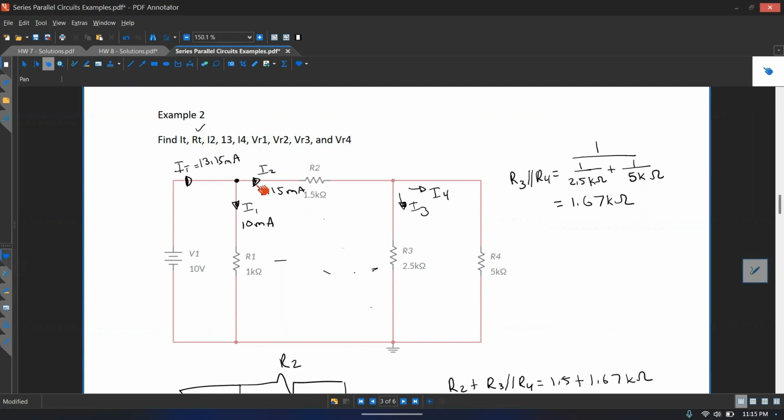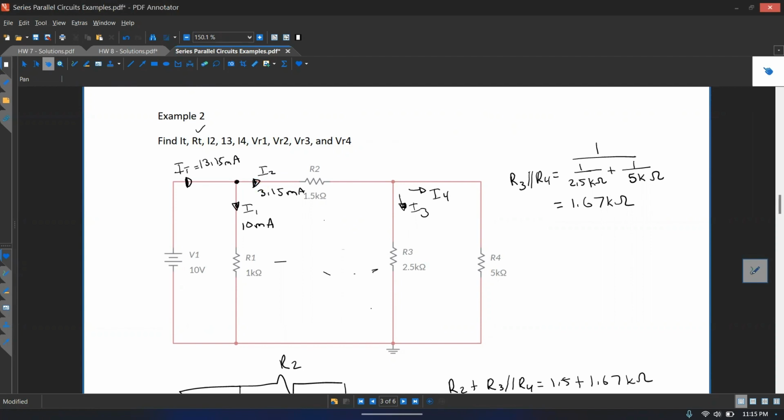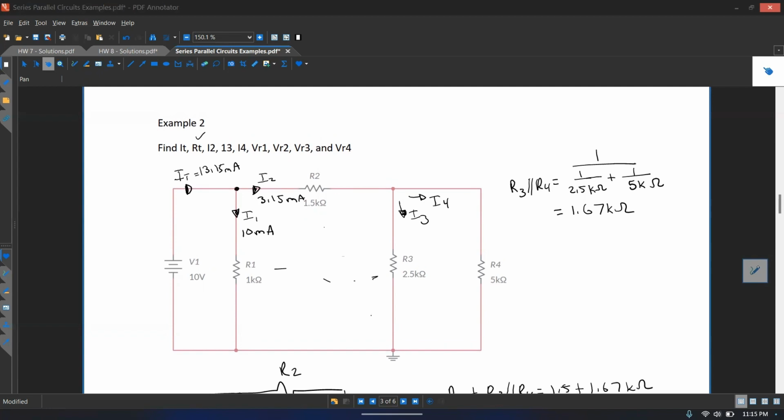We definitely can, similar to what we did in the last example. But let's see if we can do it a different way. I'm going to use Kirchhoff's voltage law. But in order for me to do that, I need to figure out what VR2 is.